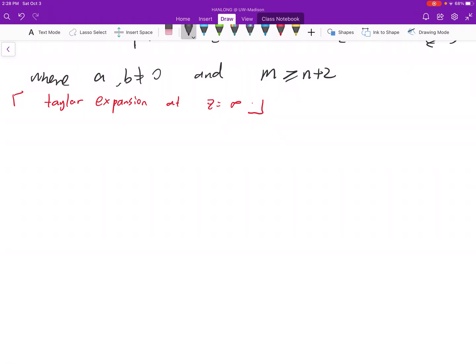Now let's estimate the circular part, the integral of P(z) over Q(z) dz.